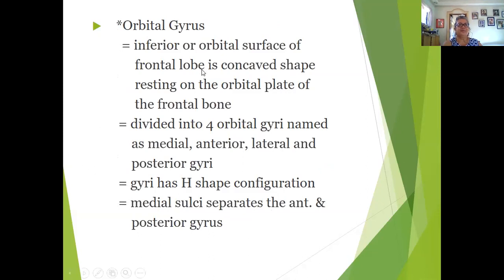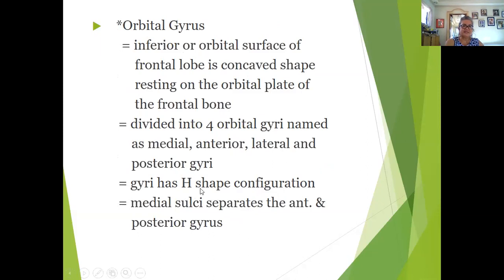Then you have the orbital gyrus, which is the inferior orbital surface of the frontal lobe, and this is concave in shape, resting on the orbital plate of the frontal lobe. Now, this will be divided into four orbital gyri: a medial, anterior, lateral, and a posterior gyri. Now, these gyri have an H-shaped configuration.